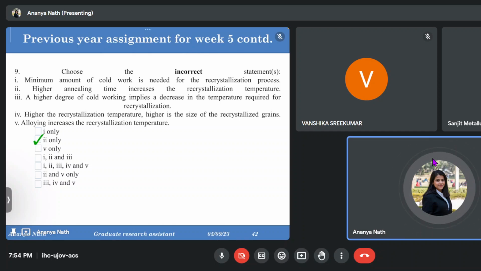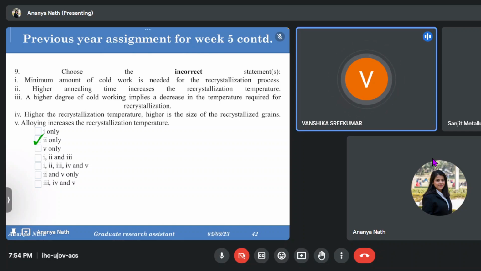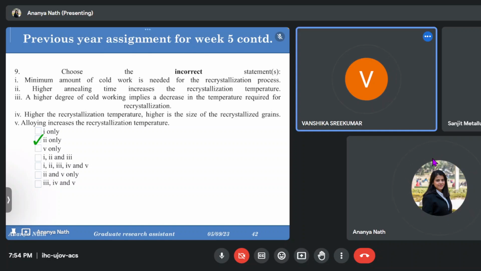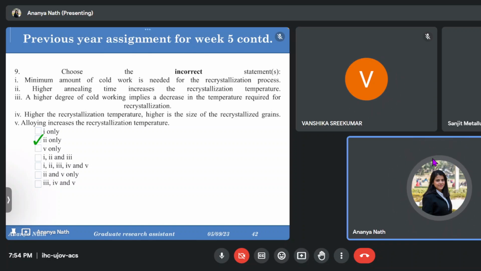At that time, the size will be lower. Refinement will take place. Also, the alloying, again we cannot comment on whether alloying increases the recrystallization temperature. It's not incorrect, but we cannot comment on that.